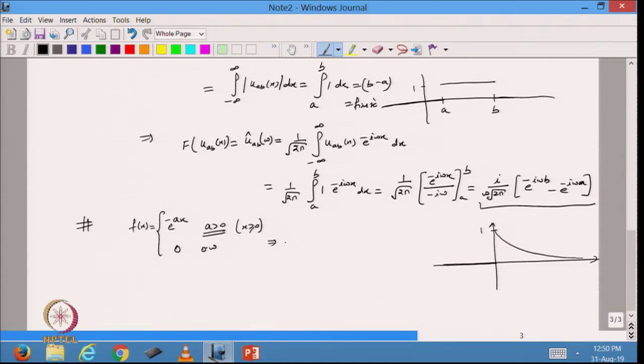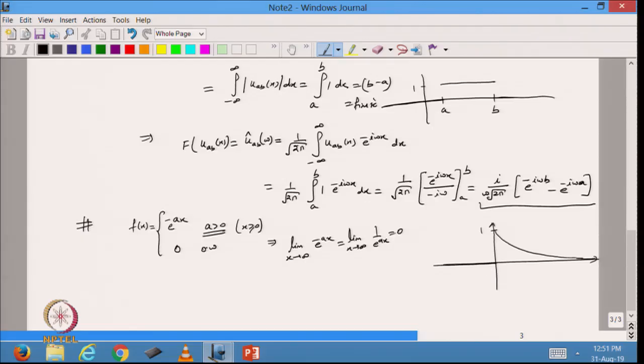Also, the limit as x tends to infinity of e to the minus ax is the limit of 1 over e to the ax, and since a is positive, this will be equal to 0. So, it is going toward 0. Let us check whether it is satisfying the conditions or not. This is basically a decay function, we call it the decay function.